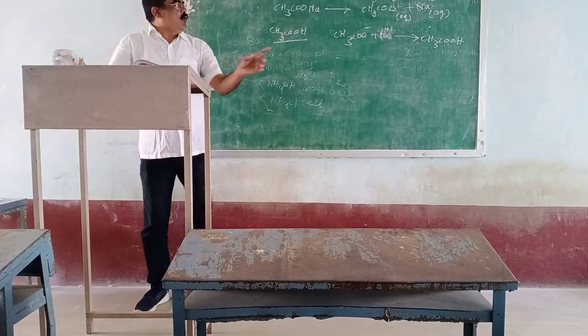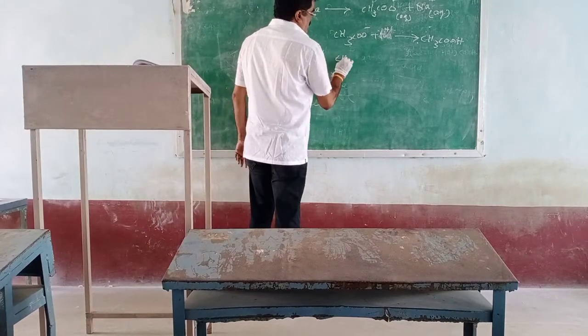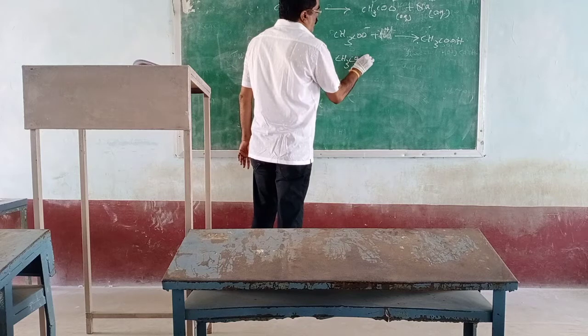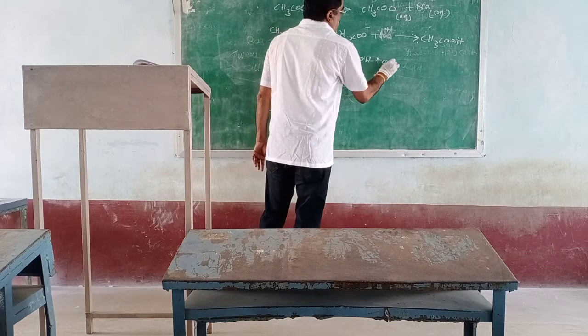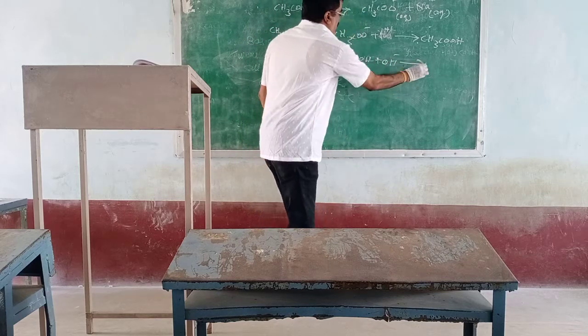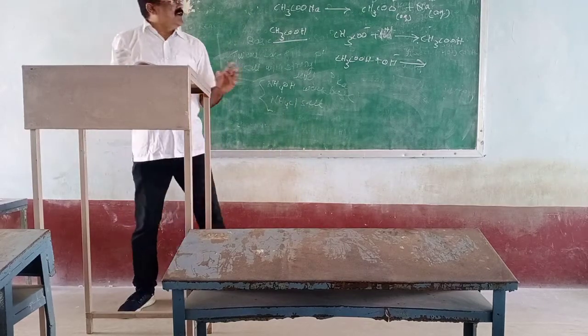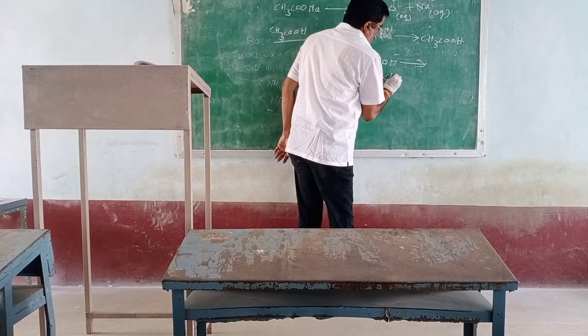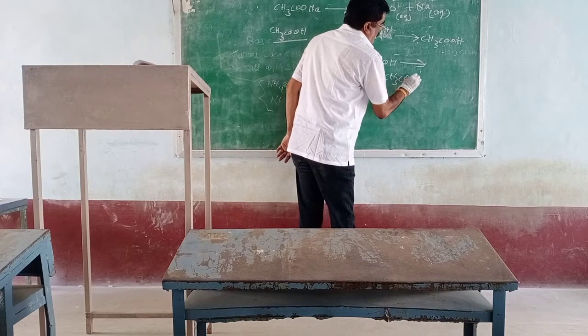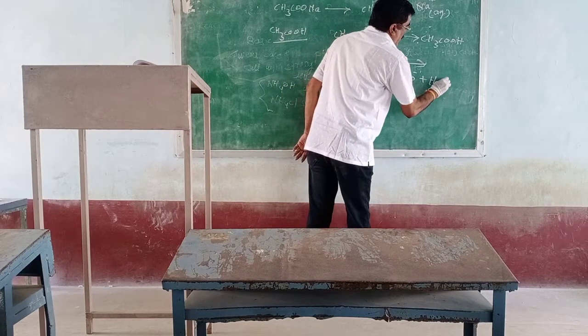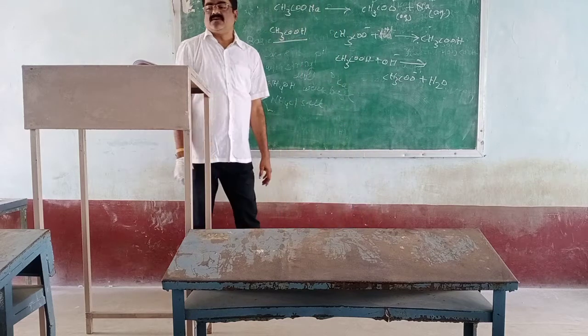And CH3COOH plus hydroxyl ions gives CH3COO minus plus H2O.